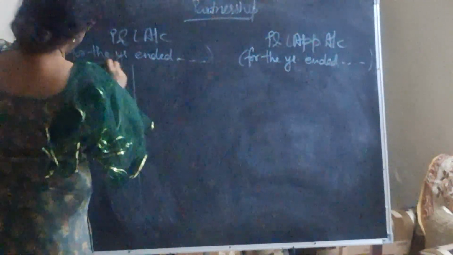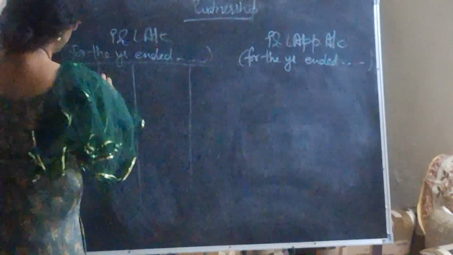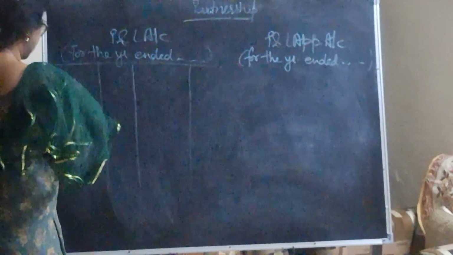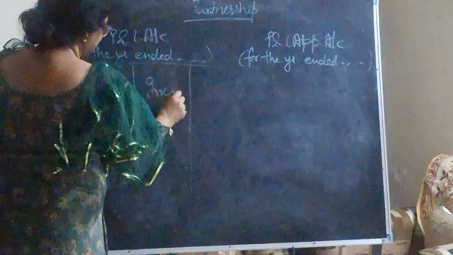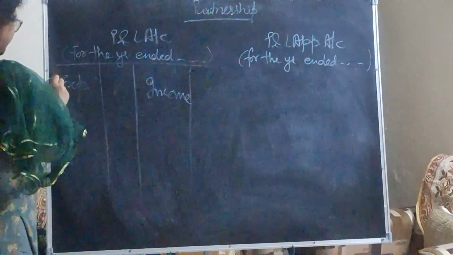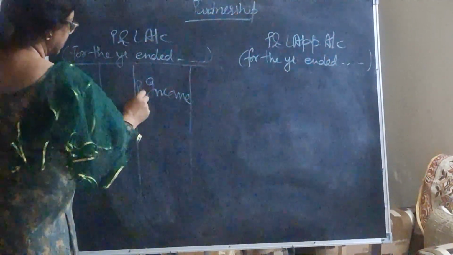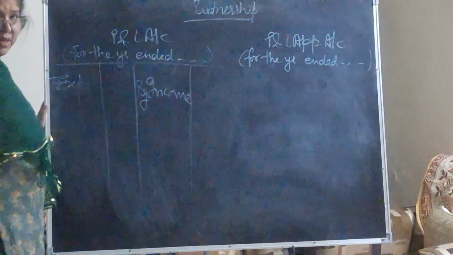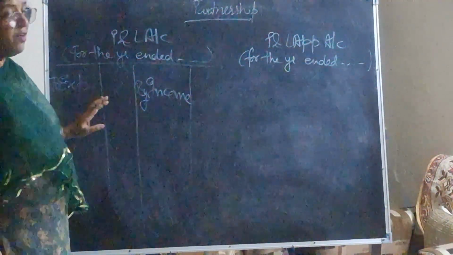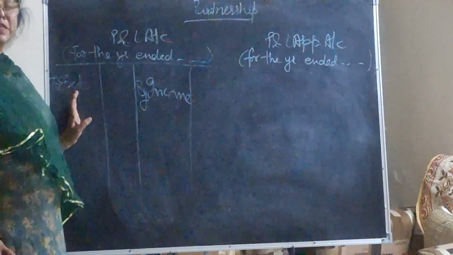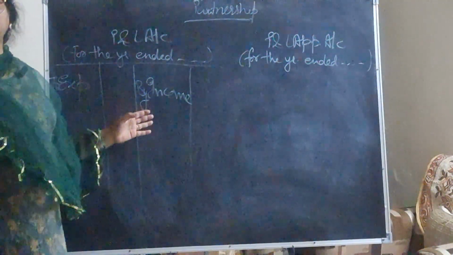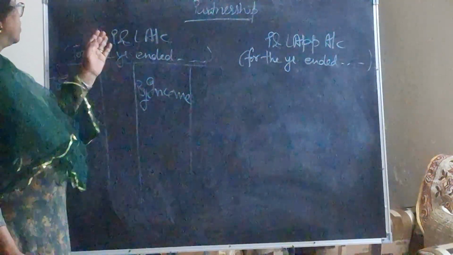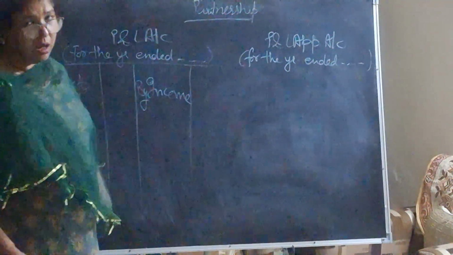Now, when we have to prepare the P&L account, we enter all the expenses on the debit side and all the incomes on the credit side, irrespective of whether they are operating expenses or operating incomes, or non-operating expenses or non-operating incomes. All are shown under the P&L account.